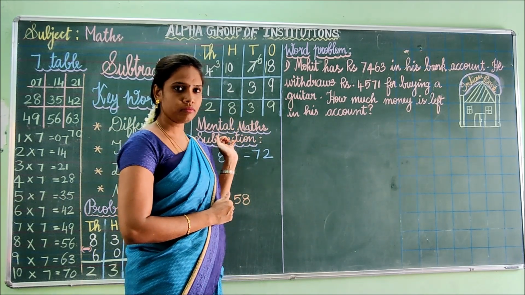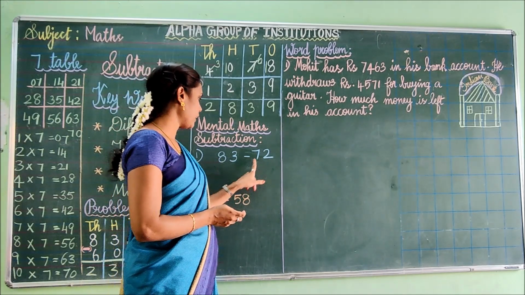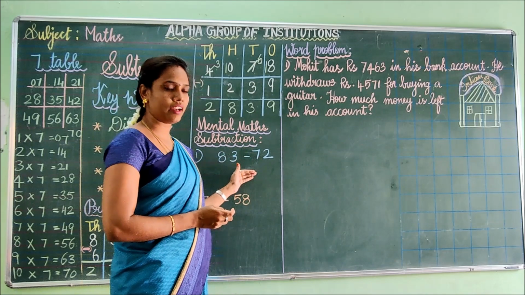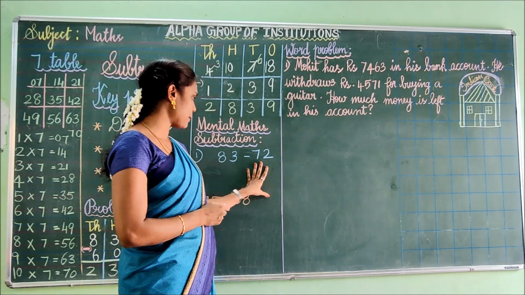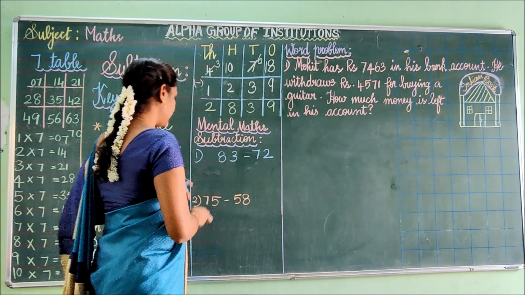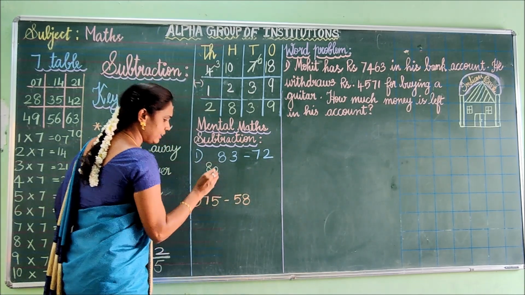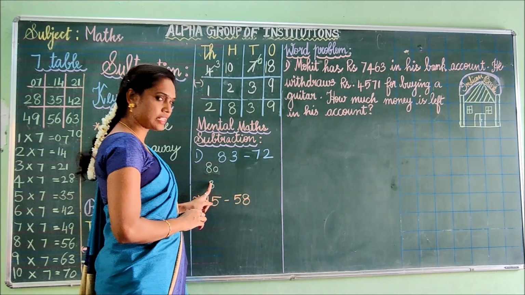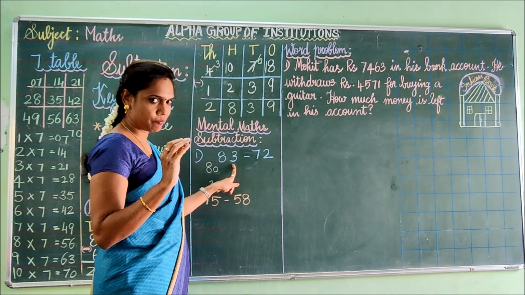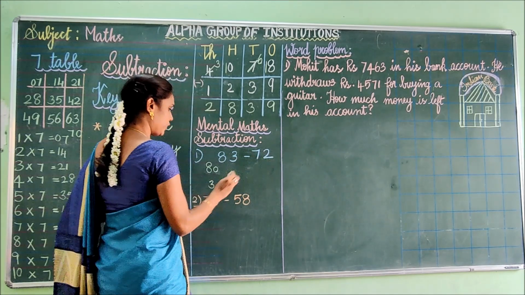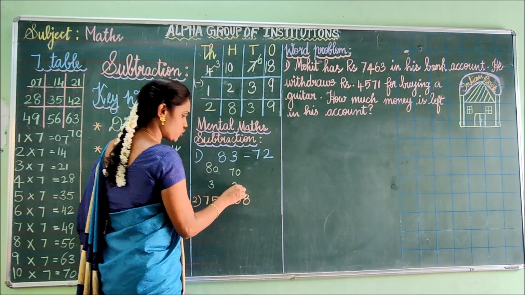Understand? See the first problem, children: 83 minus 72. Here I have taken 2-digit numbers. So how can you directly subtract this? 83 can be split into 80 plus 3, the same as what you did in the addition. Next, 72 can be written as 70 plus 2.